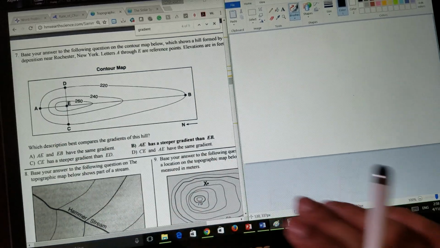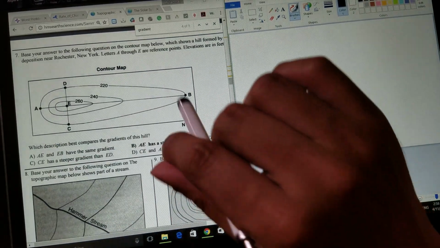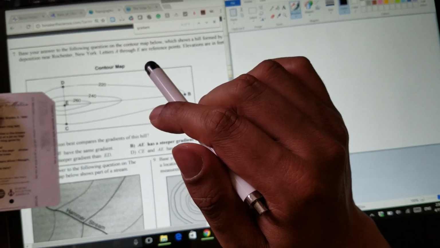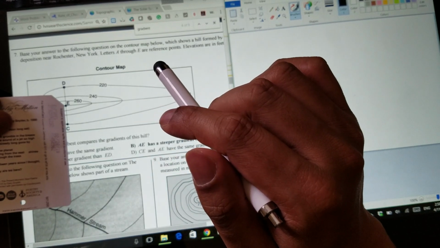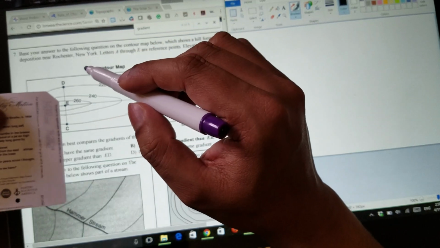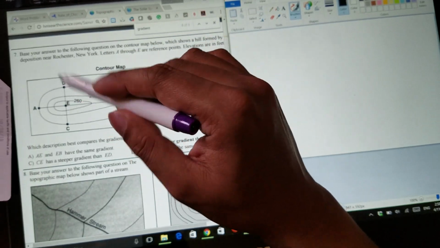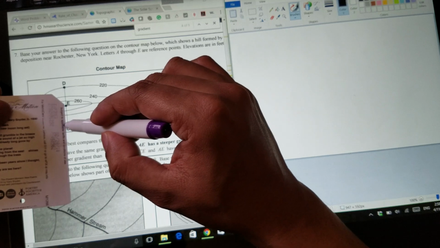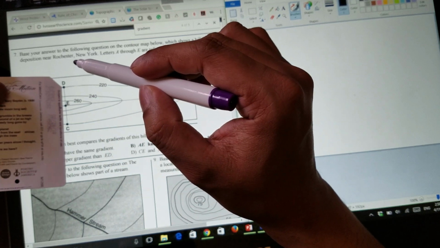Is that so? We can actually use this one again. For EC, we're going to look at the distance, because you already know that the elevations are the same. Look at this one.